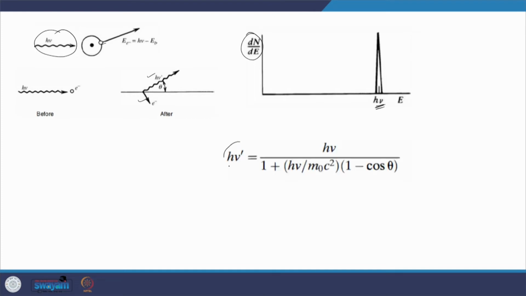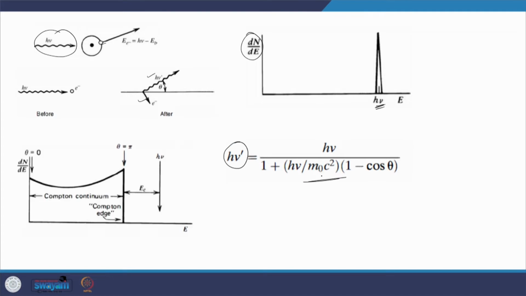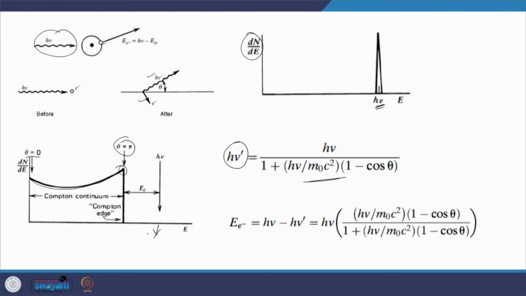The energy of the scattered gamma ray is given by this well known relation, and the range of energies of electrons from theta equal to 0 to theta equal to pi gives rise to a curve called the Compton continuum, and the edge is called the Compton edge. h nu is the place where full energy deposition takes place. The energy of the Compton scattered gamma ray is given here, and the energy of the recoil electron is given here. One can easily derive this by applying conservation of energy and momentum.